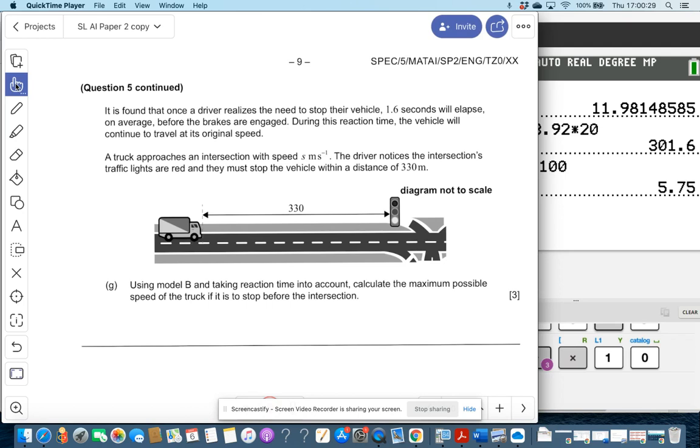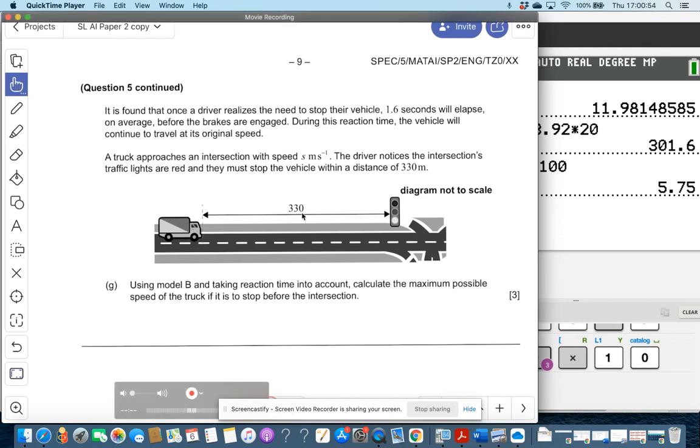So we're just basically going to do the time, speed, distance triangle, and make sure that we notice that the truck, even worse, is red, and that we got to stop within 330. So how fast can we go and still stop in 330 meters?